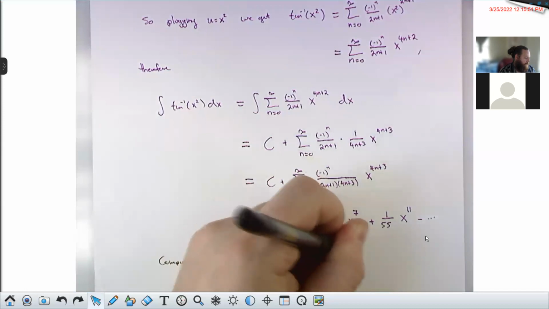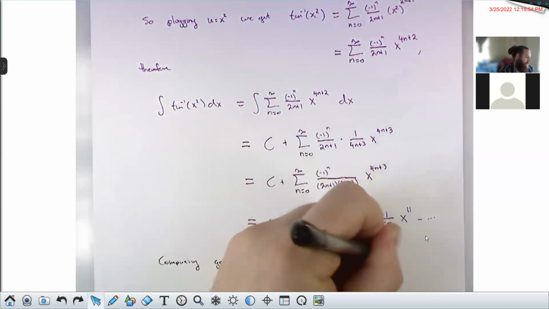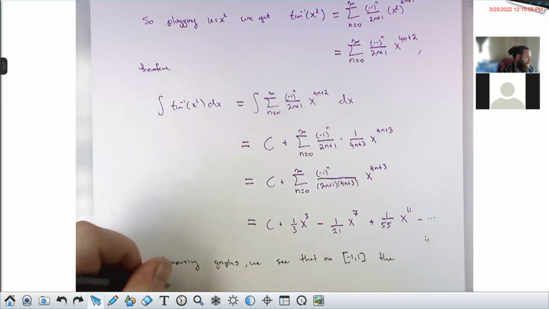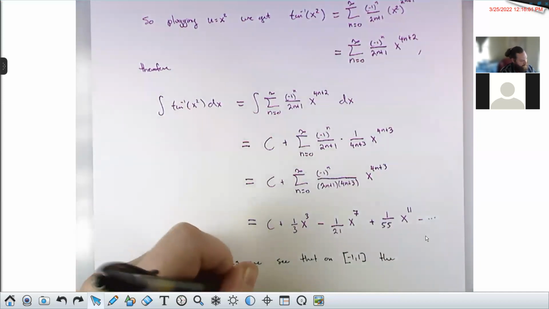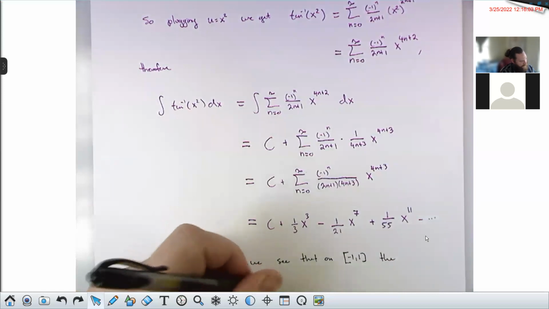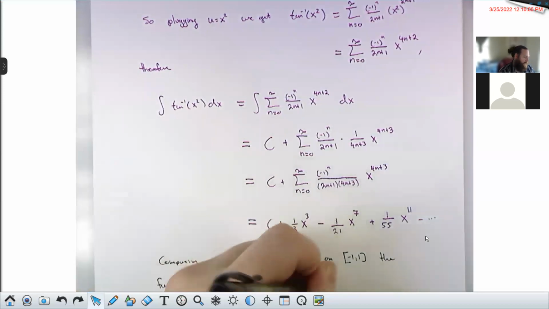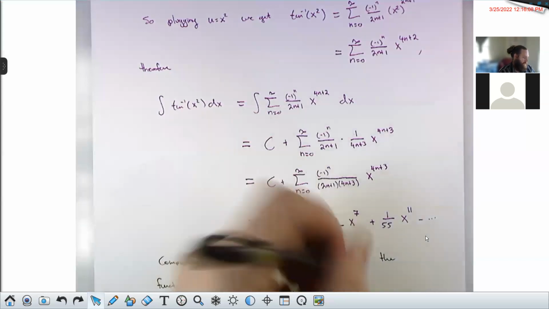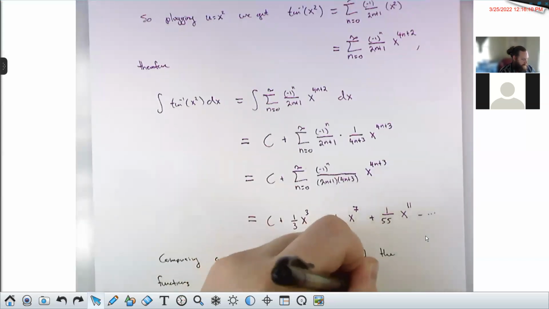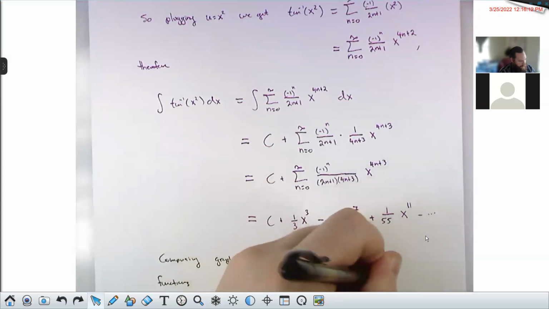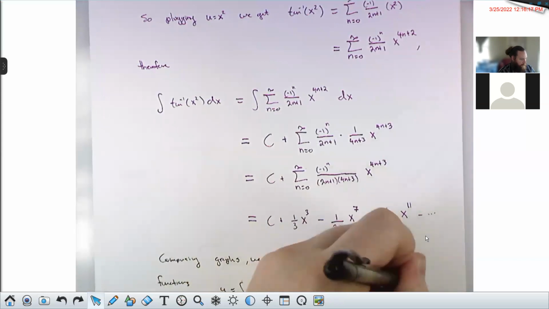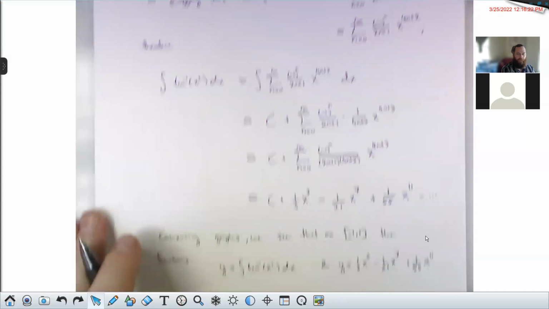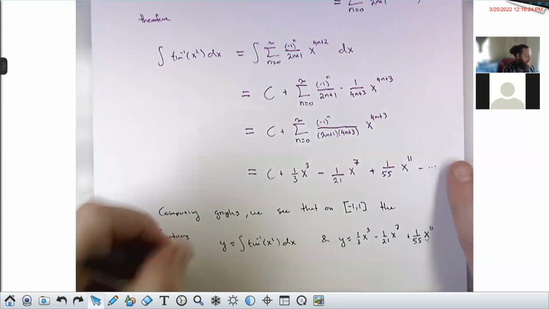Comparing graphs, we see that on the interval -1 to 1, the functions y equals integral tan inverse x squared dx and y equals 1/3 x cubed minus 1/21 x to the 7 plus 1/55 x to the 11 are basically indistinguishable.